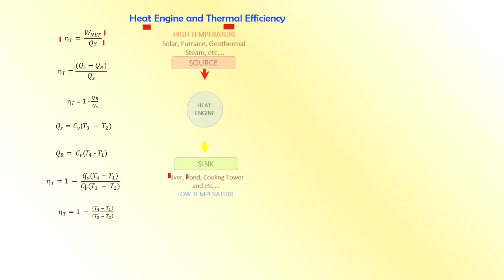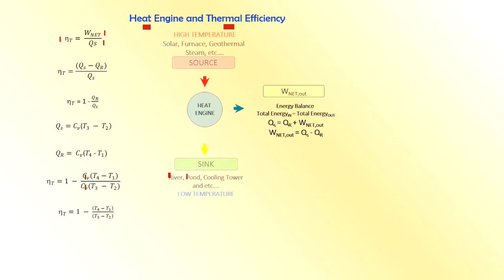So what we have here is the net work out. If you take heat supply minus the heat rejected here, you will have the net work out. But the net work out based on gas cycles is usually very low, so only a very small percentage of the heat energy can be converted to useful work.